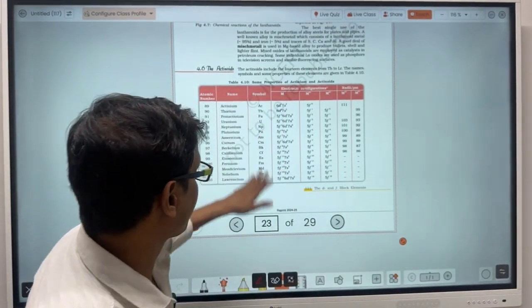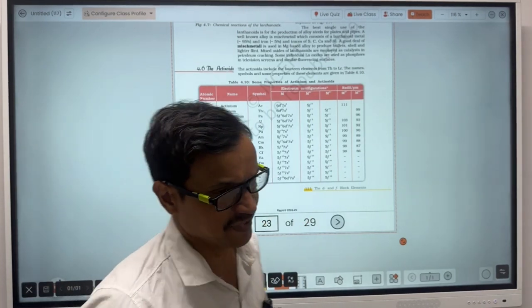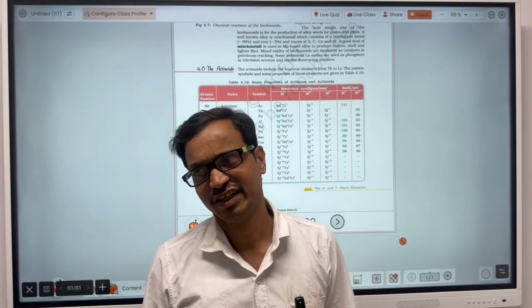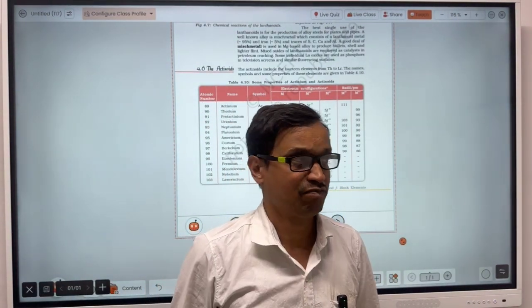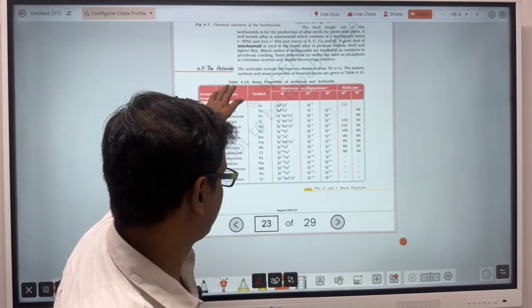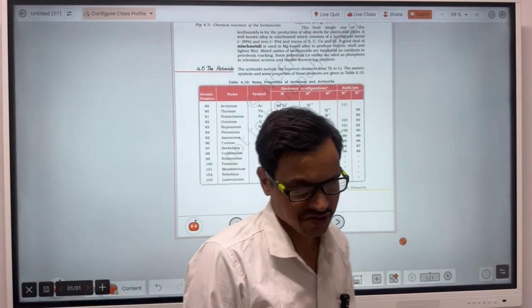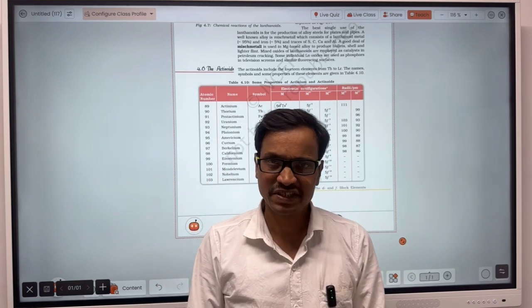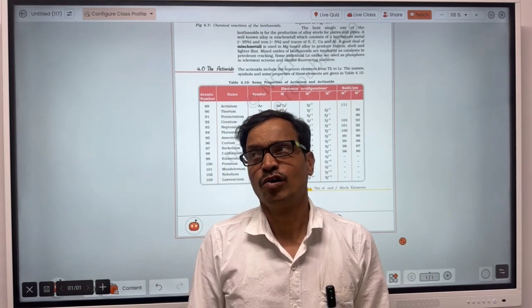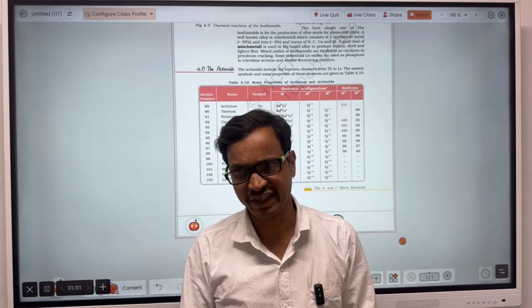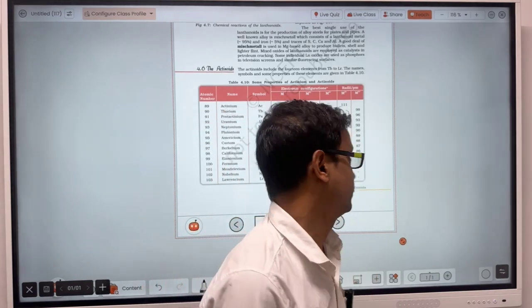Due to their radioactive nature, their half-life period is also less, that means for the higher members their half-life periods are also less. So due to their radioactive nature, lots of information about the actinoids is not available.